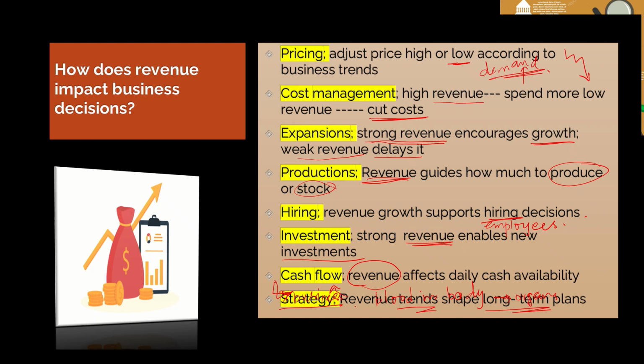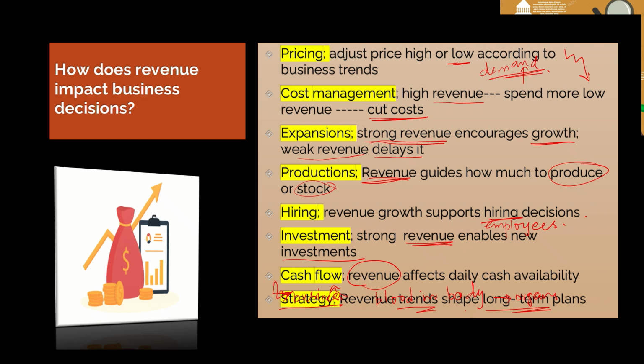Strategy. We can shape long-term plans with the help of revenue. For example, if we come to know that in the winter season the revenue from the sale of air conditioners declines substantially, we need to create a backup plan instead of stocking up piles of air conditioners, air coolers, and fans.